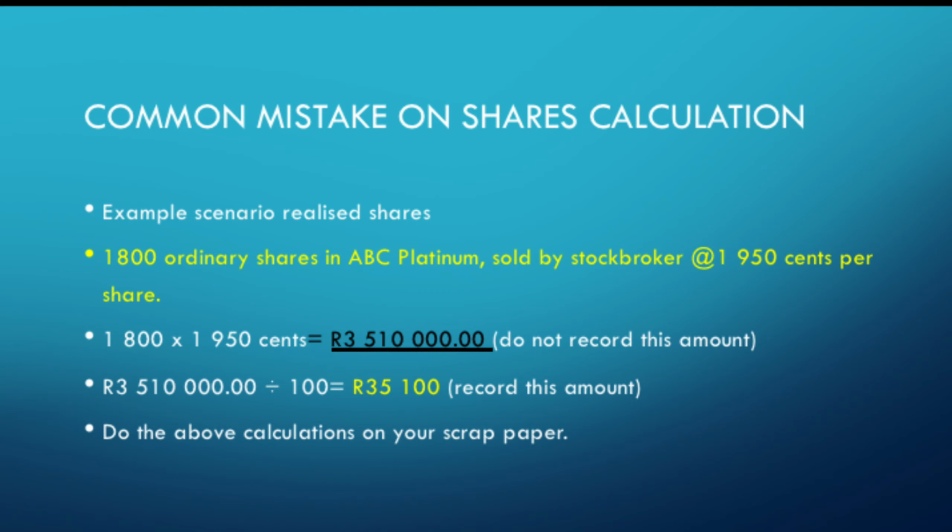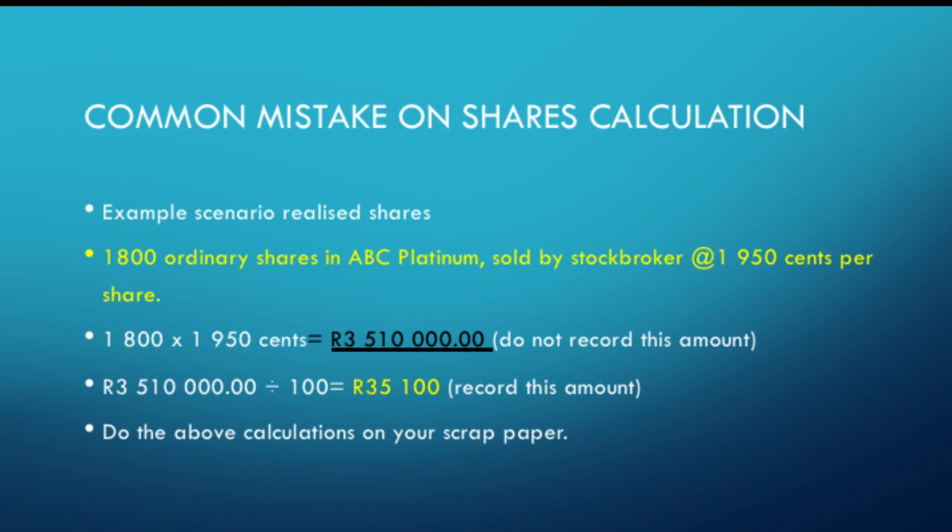Now, how do we calculate this? Look at this step. 1,800 shares times 1,950 cents is going to give us 3,510,000 rands. Do not record this amount.